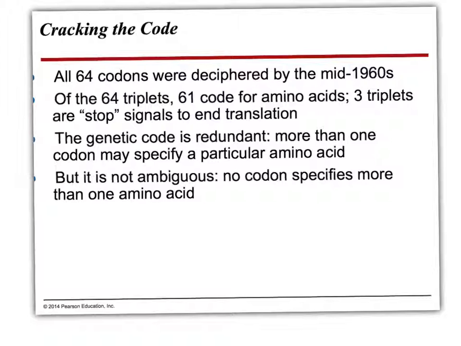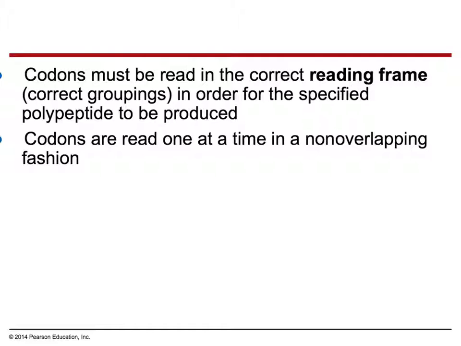Okay? So we call it a stop codon, but it's not like a cutoff. All right? We talk about the redundancy, and it's not ambiguous. No codon specifies more than 1 amino acid. All right? So redundant, but not.